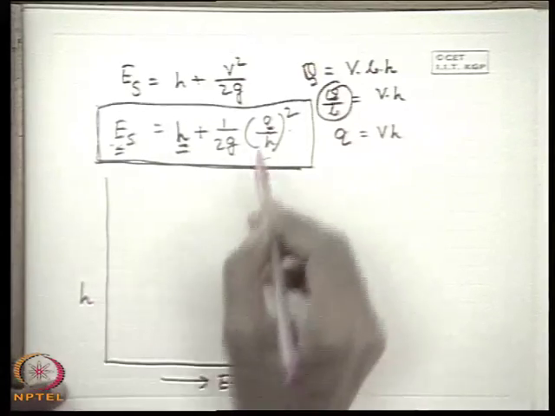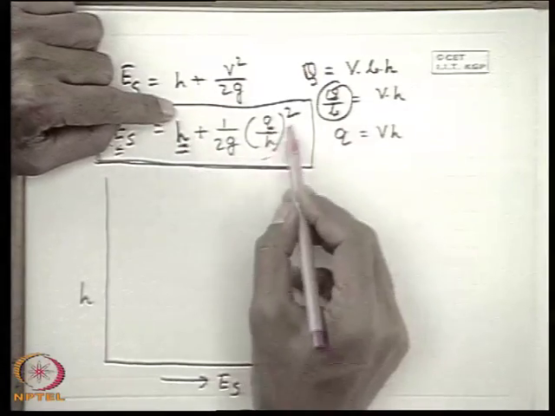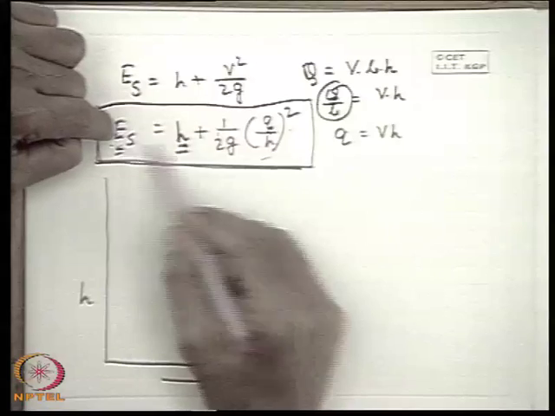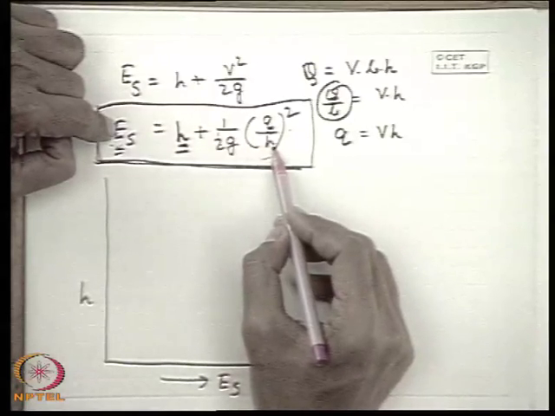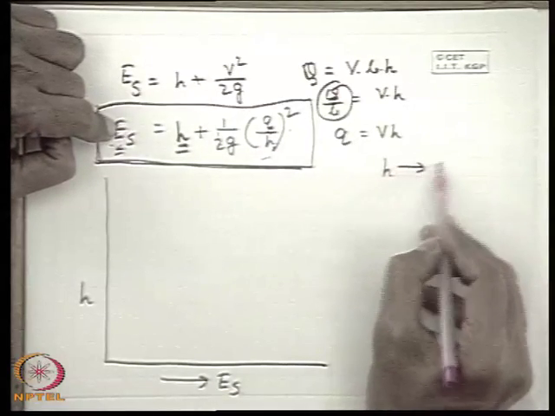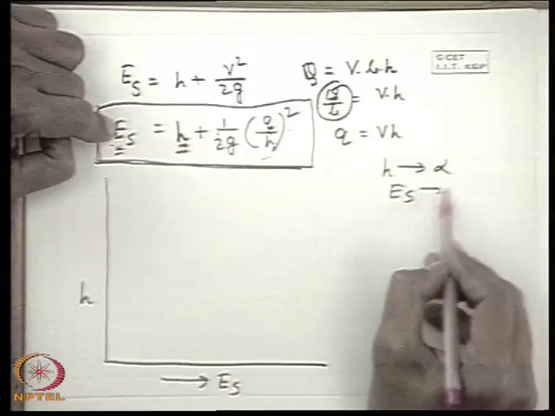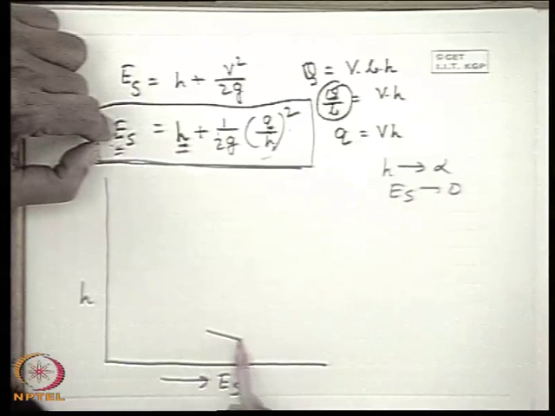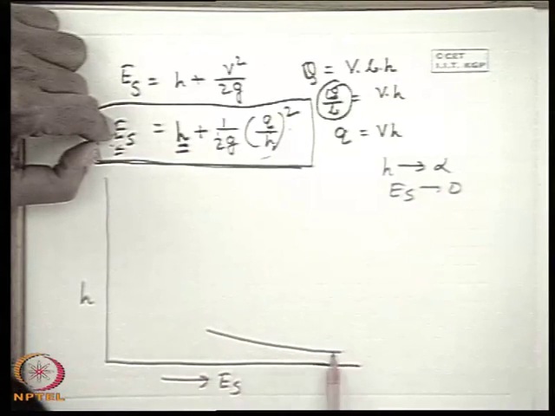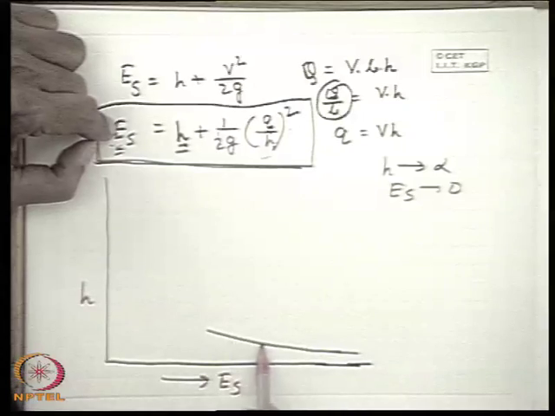Now we see for a very small value of H, this term will be dominant, where ES is inversely proportional to H, and when H tends to infinity, ES tends to 0. So this curve will be like this: for small values of H, ES tends to infinity as H tends to 0.